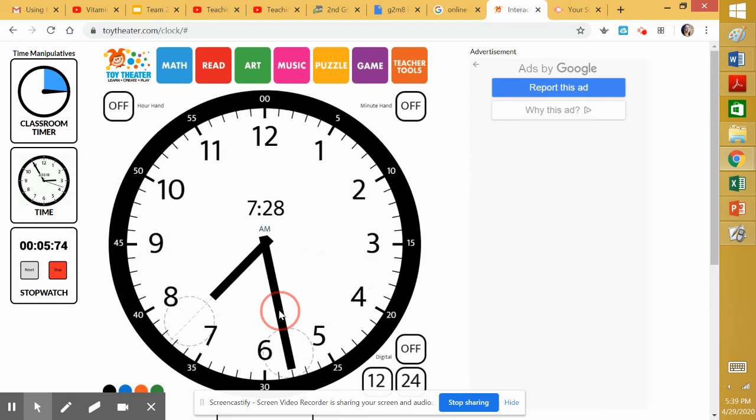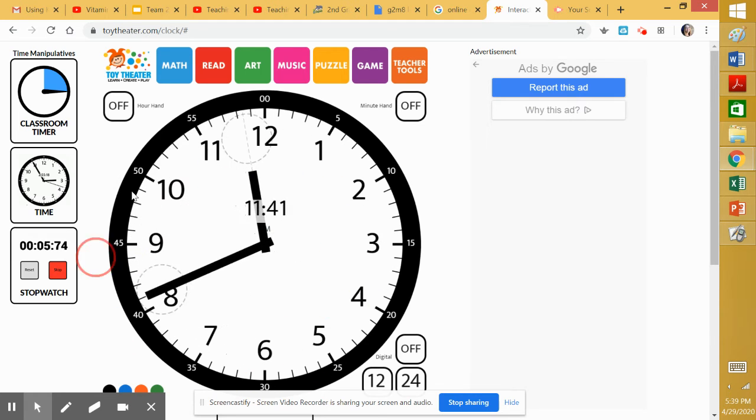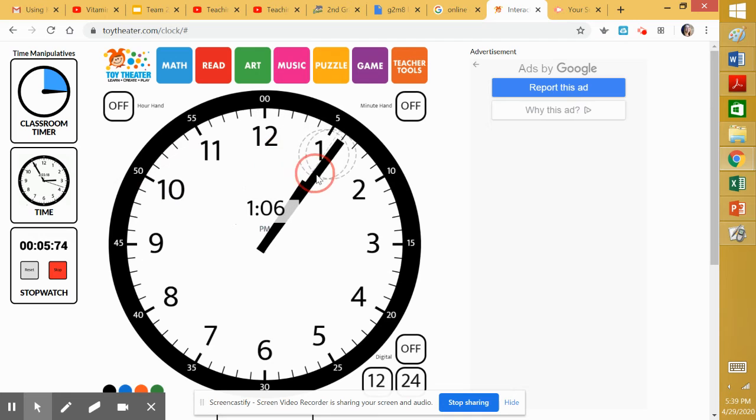All right. Let's look at another time. What do we have here? Look where the hour hand is. It has just passed the what number? The 1. Has it gotten to the 2 yet? No. So it is still in the 1 o'clock hour.